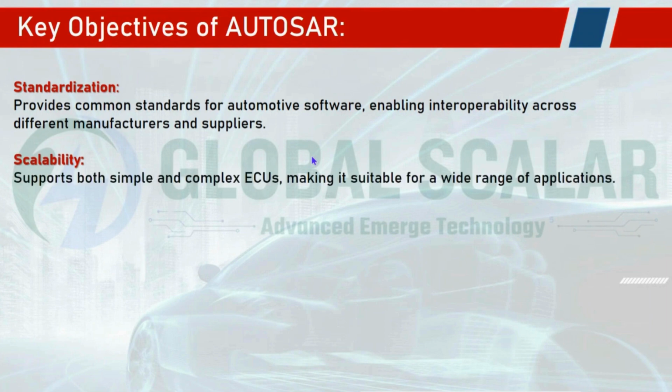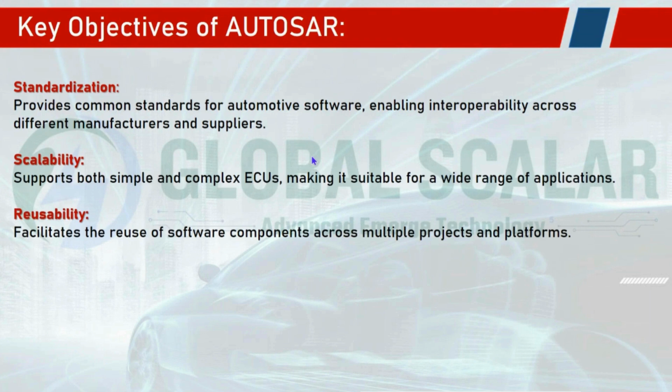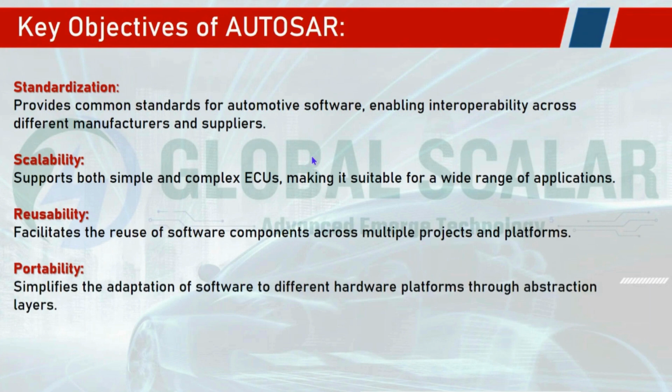Scalability: it supports both simple and complex systems, making it suitable for a wide range of applications. Reusability: it facilitates the reuse of software components across multiple projects and platforms. Portability: how the software can be adapted to different hardware platforms with the help of the abstraction layer.